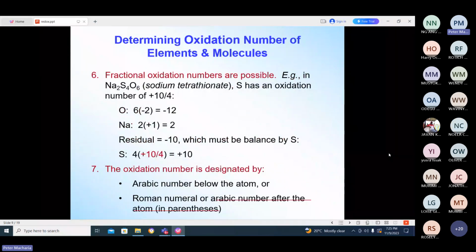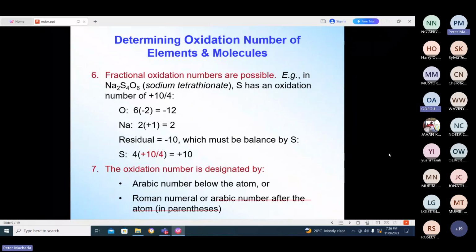For example, now, this is not a good example, but let's first use this one to emphasize what I have already said. In Na2S4O6, we can say it is 2Na plus 4S plus 6O.